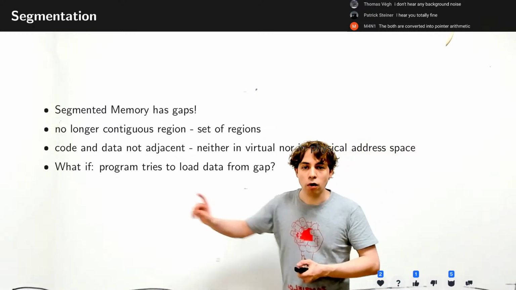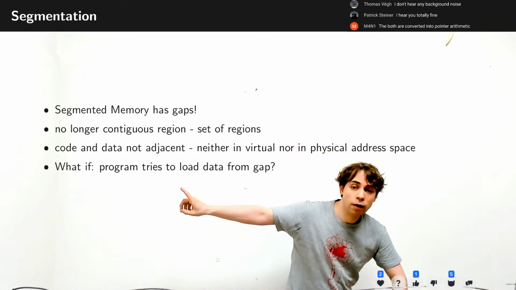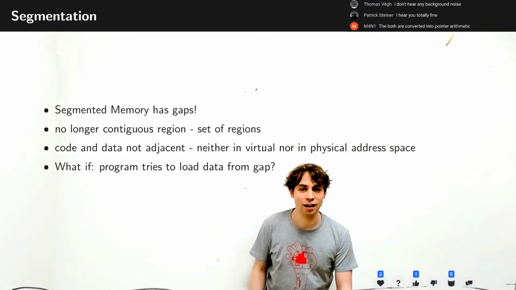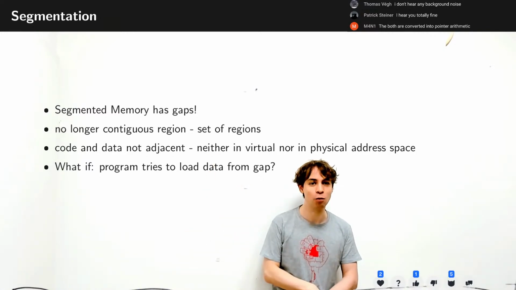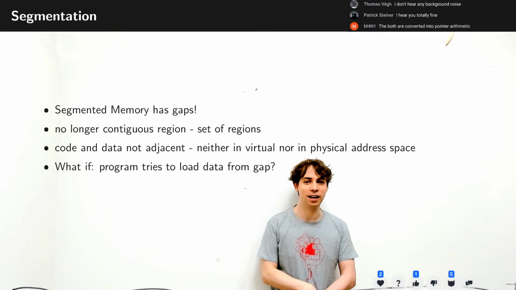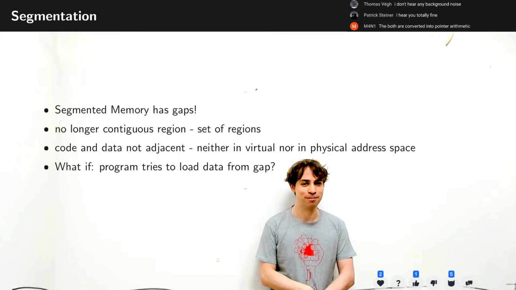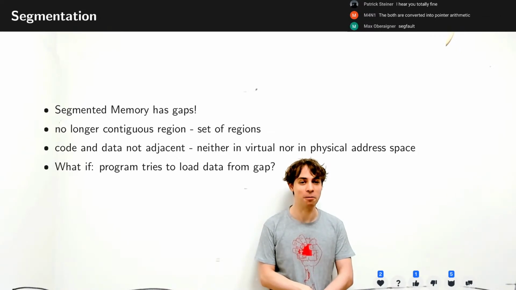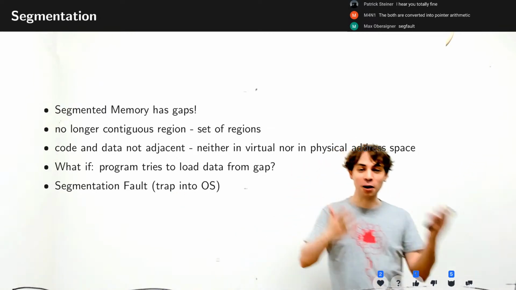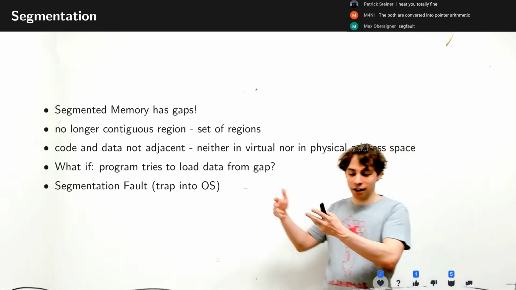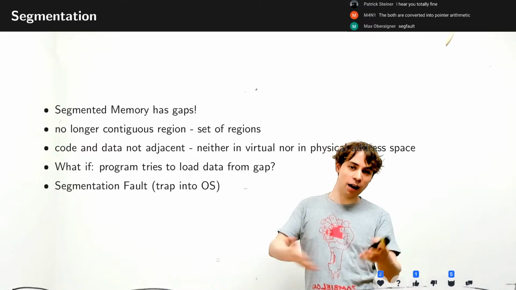Now, what if the program tries to load data from such a gap between code and data, for instance? What happens? What do we get? This is where the name comes from: the segmentation fault. We trap into the operating system and ask, can we access this location?